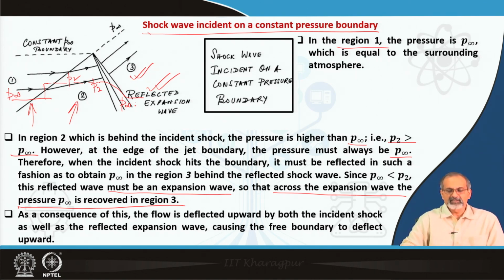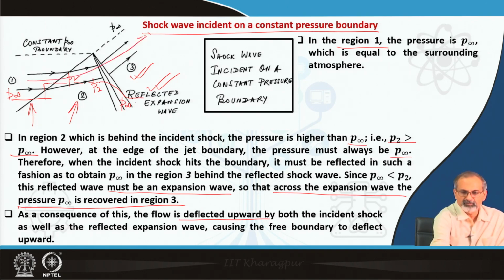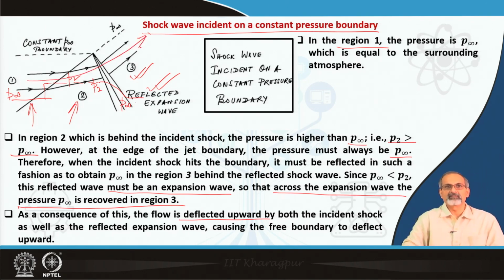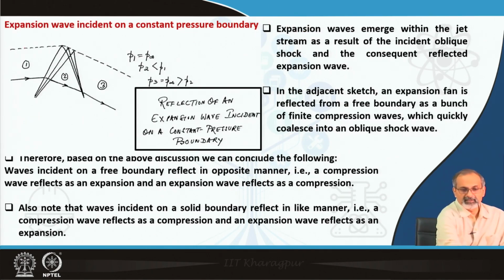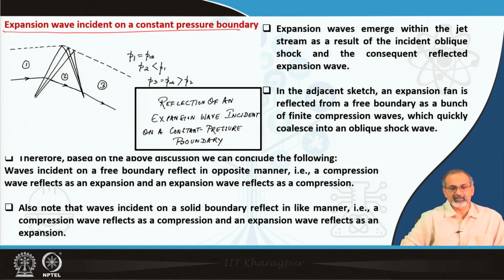As a consequence of this, the flow is deflected upward by both the incident shock as well as the reflected expansion wave. So, we take note that the flow is kind of moving upwards here through this region. This is a very interesting phenomena, which is complemented by another case where you have an expansion wave incident on a constant pressure boundary.